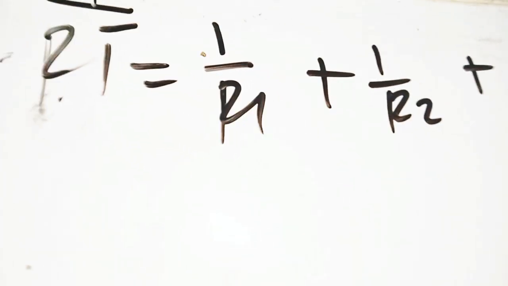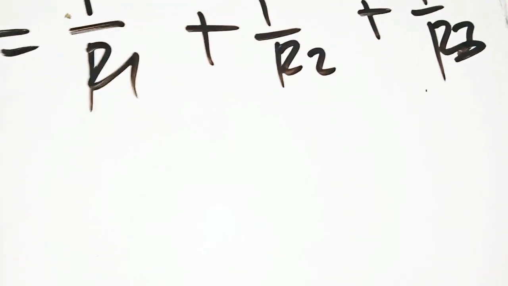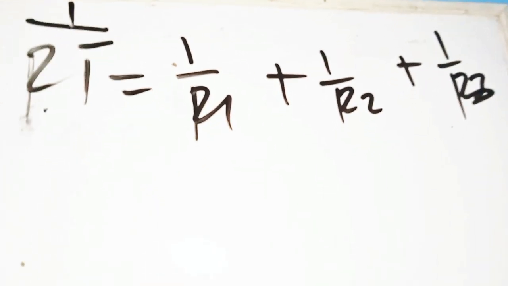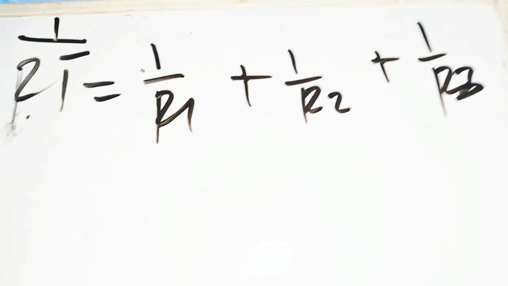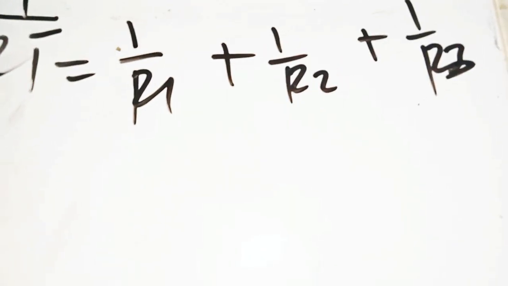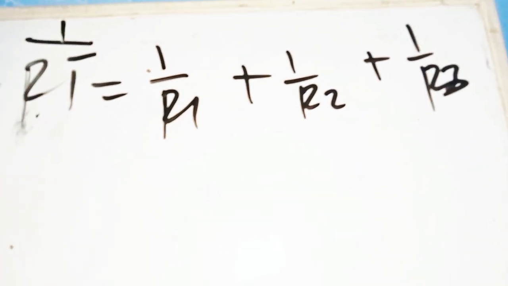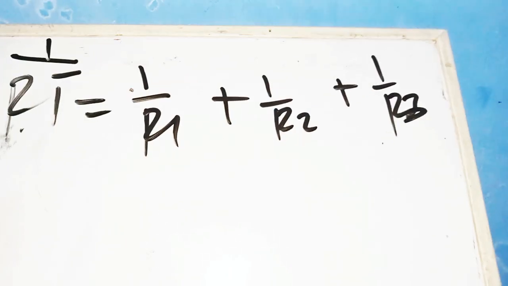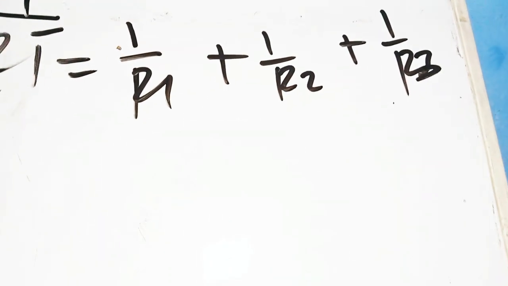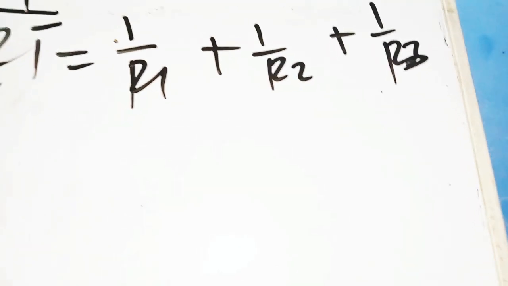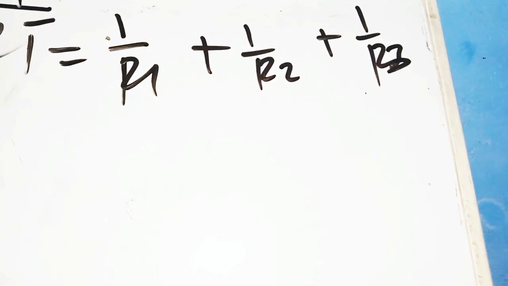Since we have 3 resistors, we are going to write them according to the number of resistors. So here is the formula for a parallel connection. If you are calculating the total resistance of resistors in a parallel connection, the formula is different from the series connection. In series, you just have to add the resistors to get your total resistance.